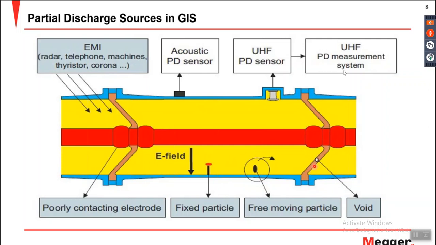If there is any kind of void present in the insulators, it can generate partial discharges as well. And last but not least are external electromagnetic interferences from the atmosphere, such as radar, telephone, machine thyristors, or corona signals, which can be coupled through the GIS bushings and enter inside the GIS. So these are the several discharges you can detect during partial discharge measurement on GIS.